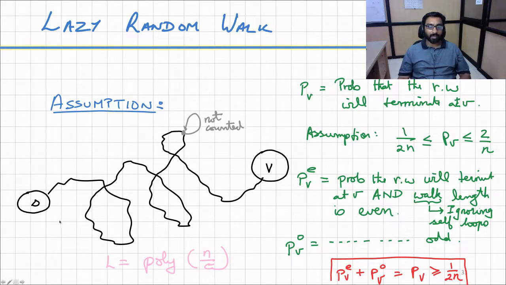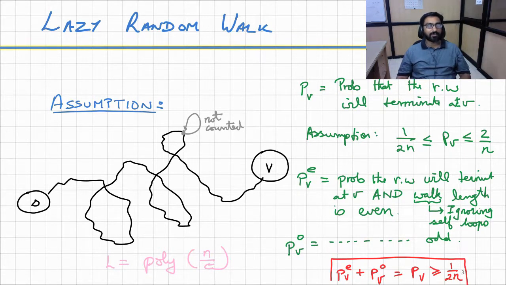So this is the probability that you started at S and made an L length random walk, including some self loops, and then reached V. If you remove all the self loops and just look at the length of the walk from S to V, this walk was of even length, and you landed in V. So this is the probability of that event.